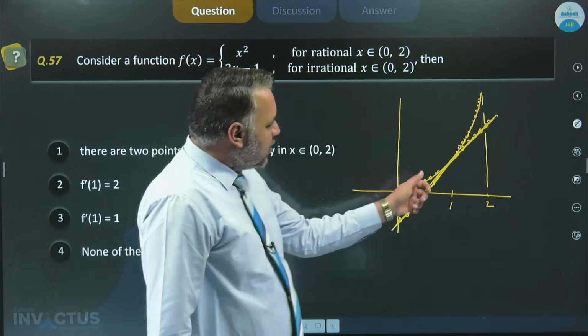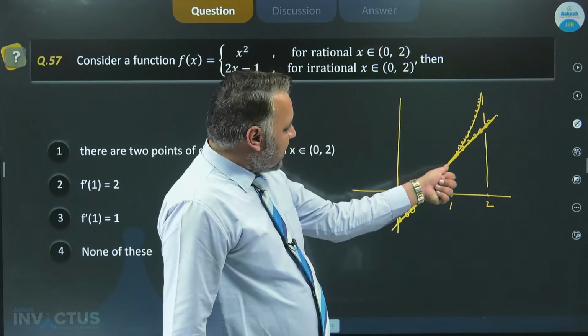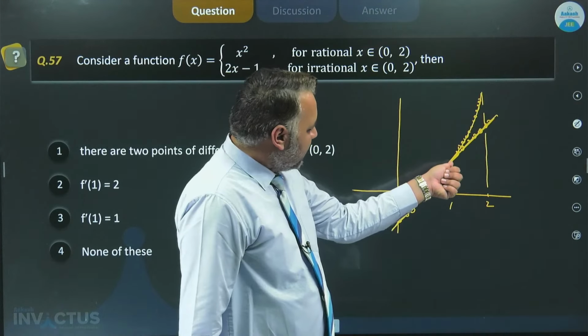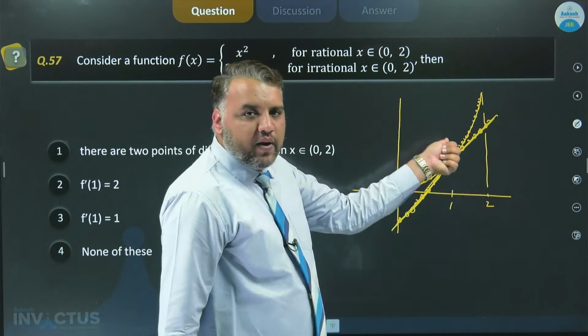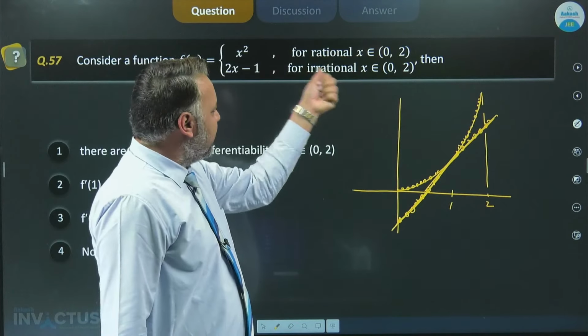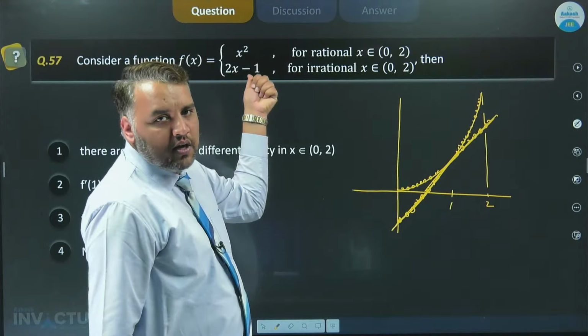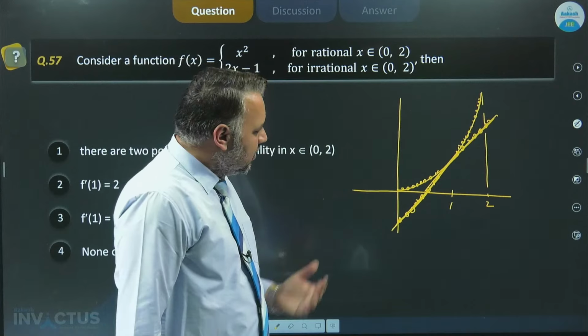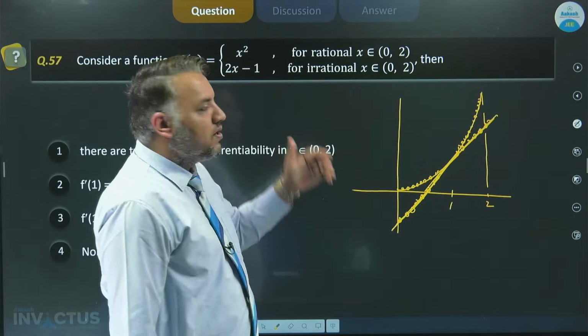But at x is equal to 1, both the functions approach the same value. So at x is equal to 1, the limiting values and the value at x is equal to 1, the rational point, and in the neighborhood at irrational points also, both the x square and 2x minus 1 will approach 1. So this function fx will be continuous.